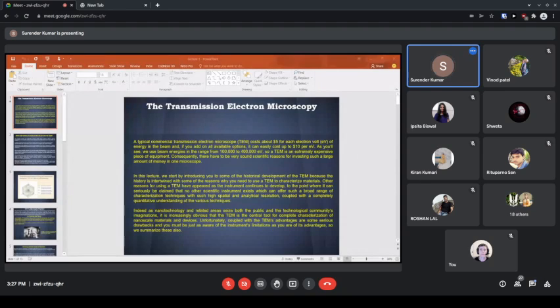After that, the idea was developed by a scientist named Ruska, and Knoll. They worked on this first electron microscope, in 1930.